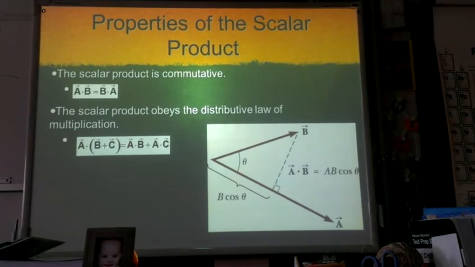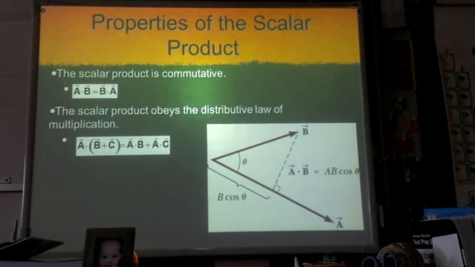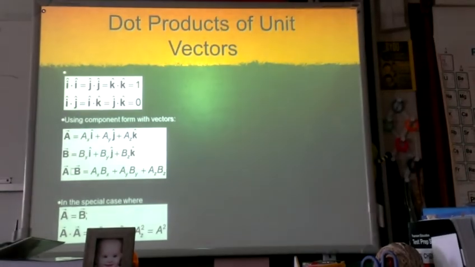If A and B are parallel but in opposite directions, then theta is going to be 180, so then it's just going to be a negative amount of, if we're thinking about work, a negative amount of work. So the scalar product is going to be negative when my theta is between 90 and 180.